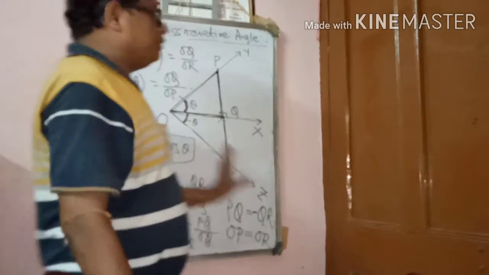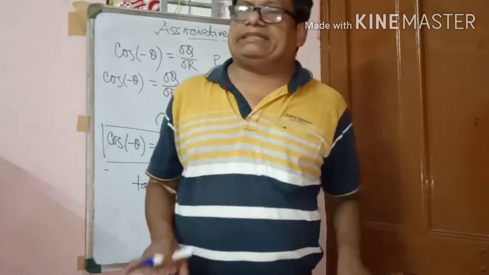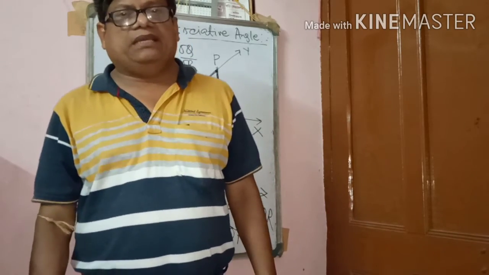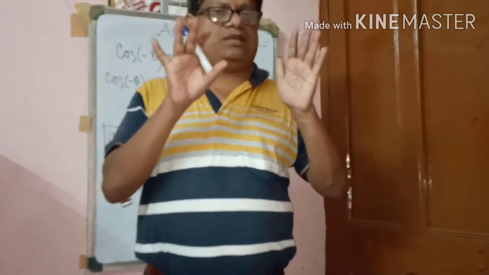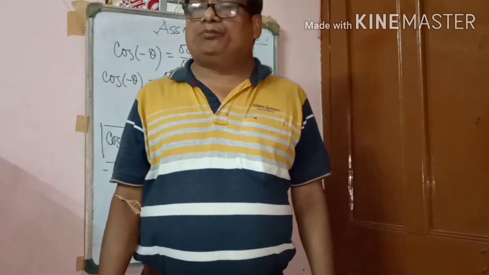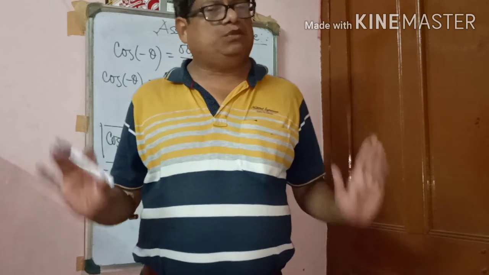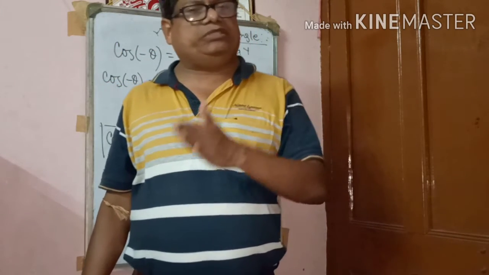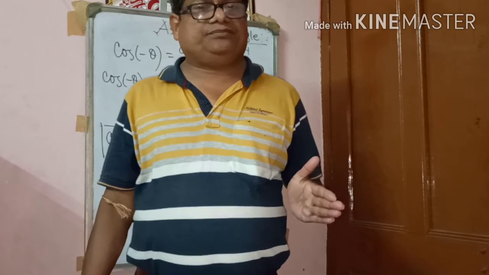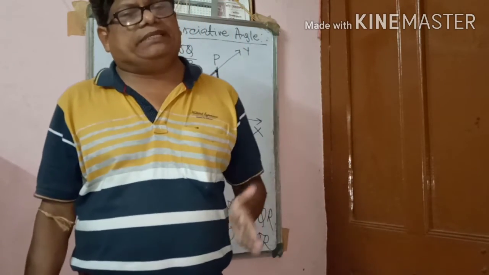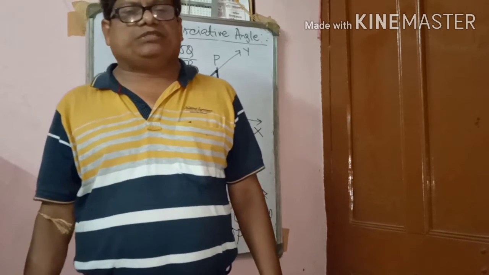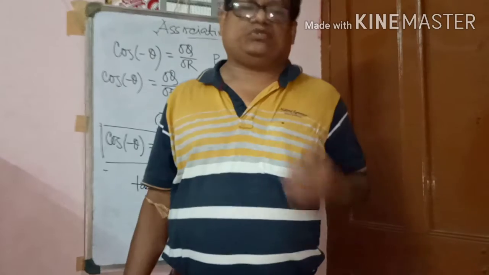Similarly, you find cot minus theta equals minus cot theta, sec minus theta equals sec theta, and cosec minus theta equals minus cosec theta. All of you remember: sin minus theta is minus sin theta, cos minus theta is cos theta, tan minus theta is minus tan theta, cot minus theta is minus cot theta, sec minus theta is sec theta, and cosec minus theta is minus cosec theta.